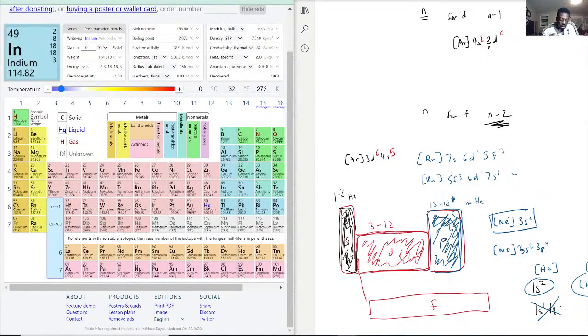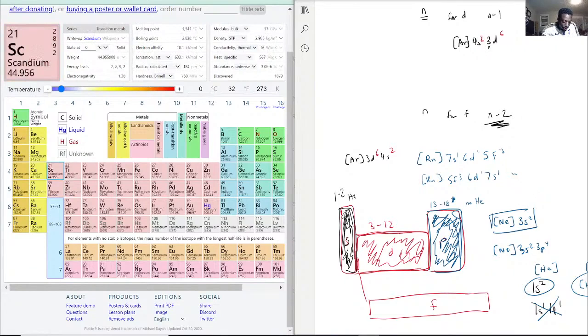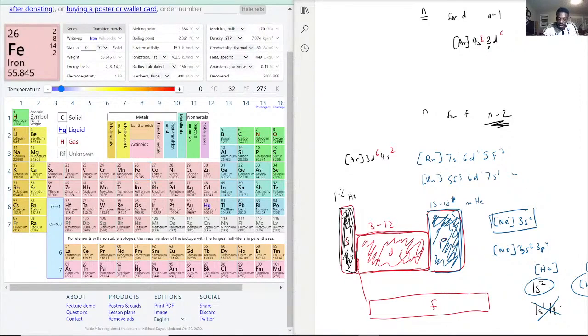So we started at argon, 4s2, because potassium and calcium are filled. 4s2. And 3d, because we're starting at the 4th row, but it's D, so -1, 2, 3, 4, 5, 6, so 3d6, and that would be for iron. So this right here would be how you write iron.